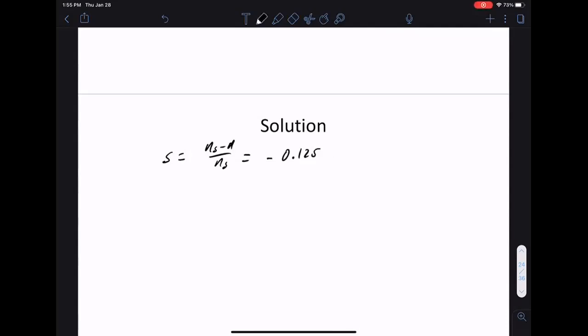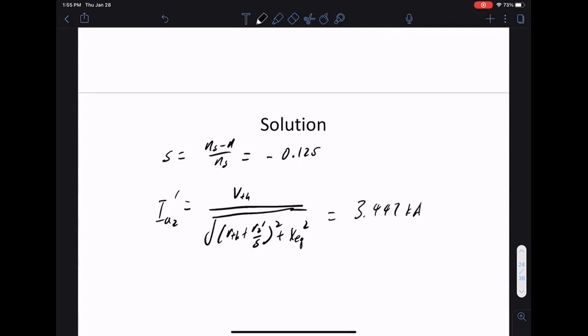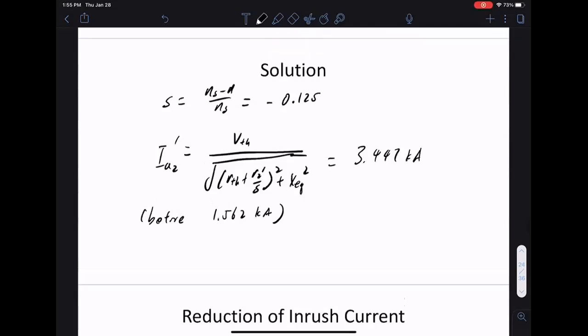Then it's the exact same calculation from before. None of this changes except the value of S. So we can plug everything in, substitute S as 0.125, and we get 3.447 kilograms. Before, we had 1.562 kilograms.